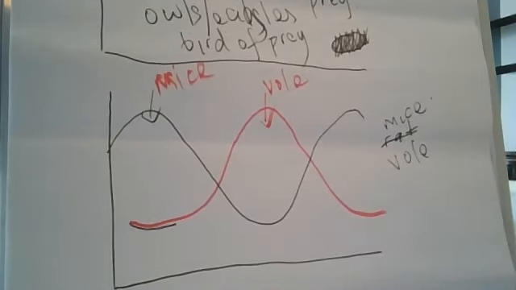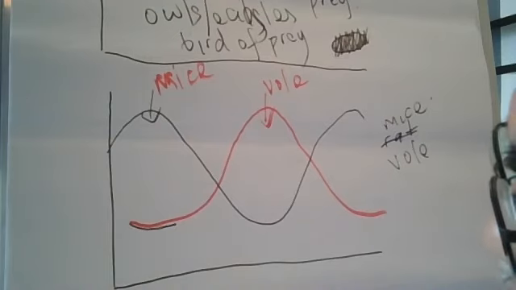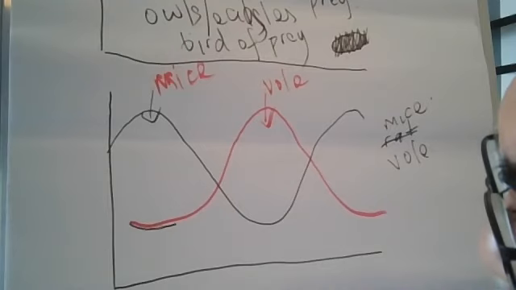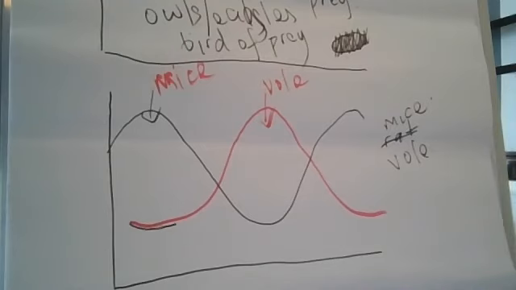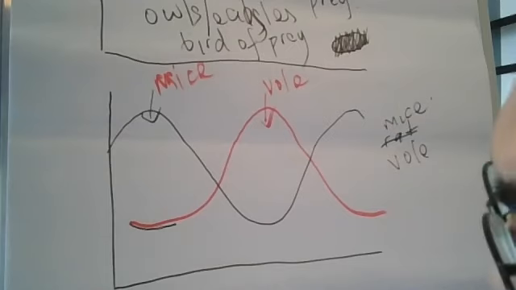Doktor, saya nak confirmation apa yang saya fahamkan. Jadi daripada graf yang doktor tunjuk ni, maksudnya bila population mice tu menurun, owl tu akan cari another prey, macam tu. Betul. Lepas tu bila another prey punya population menurun, dia akan back to mice balik. Betul. Sebab dia bukan specialist.